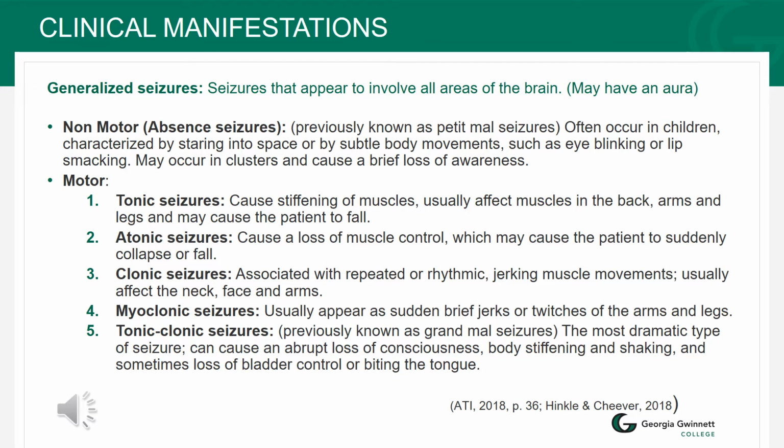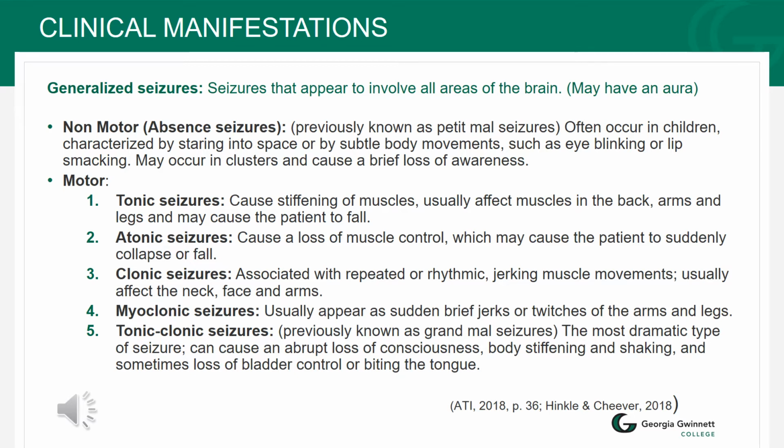So tonic is that stiffening of the muscles. Clonic is that rhythmic jerking. So with a tonic-clonic seizure, they have that stiffening of the muscles for a couple seconds, and then the rhythmic jerking for a couple minutes.